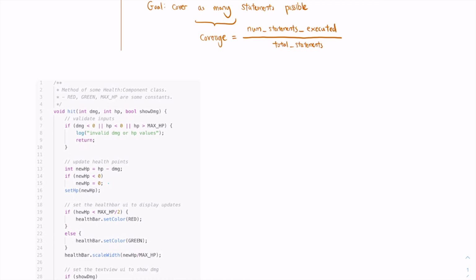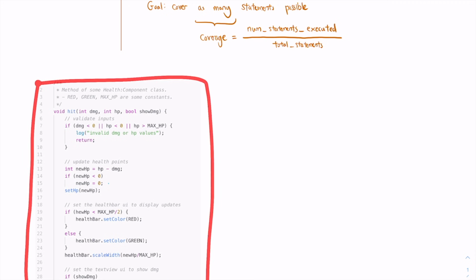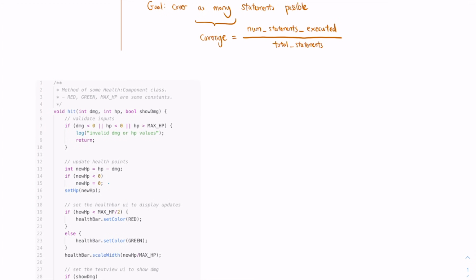To help us understand what statement coverage is, and also as a running example for all the coverage examples later, we will look at this piece of code which we have written ages ago. As shown, this is a method called hit from a health component class in a game.